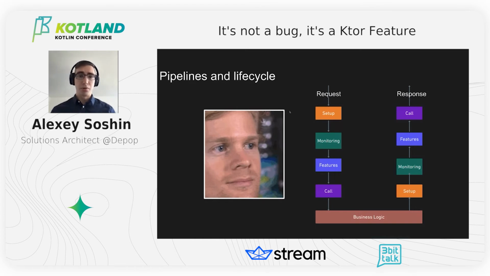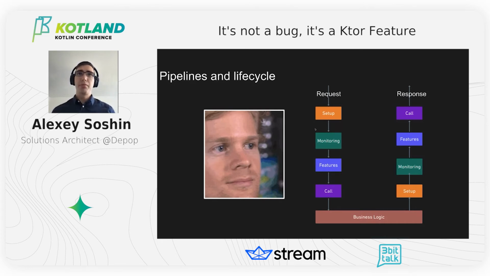That's why we have those two pipelines. And every major feature in Ktor will have some notion of pipeline. We will focus on the monitoring phase of the request pipeline now.